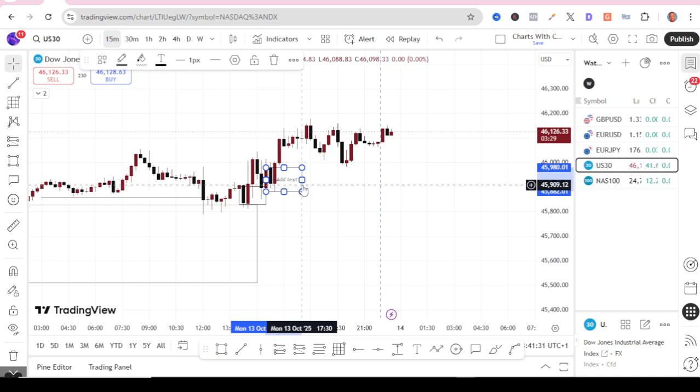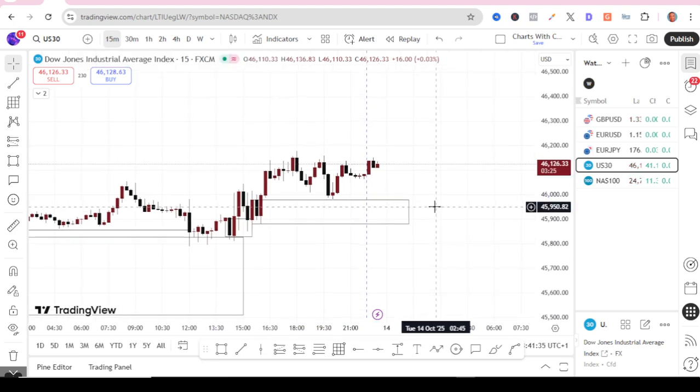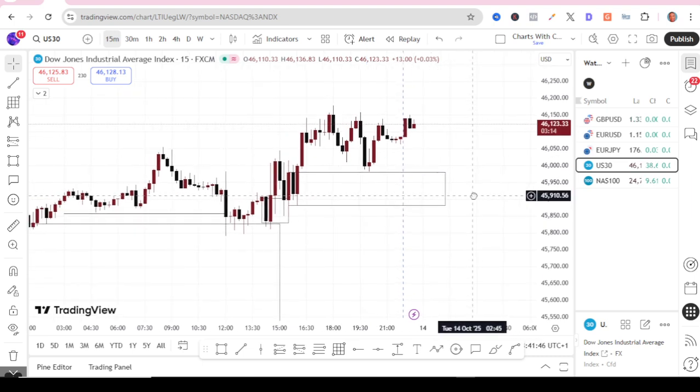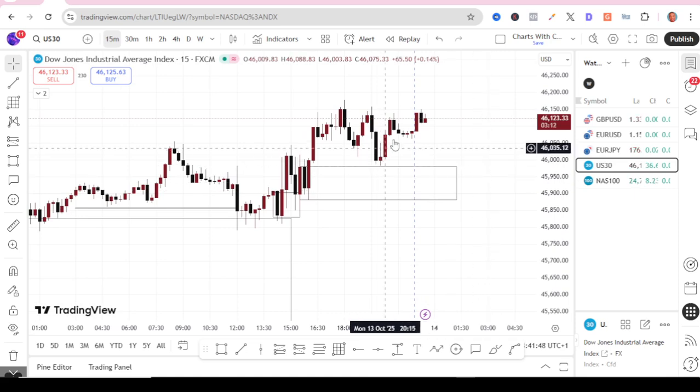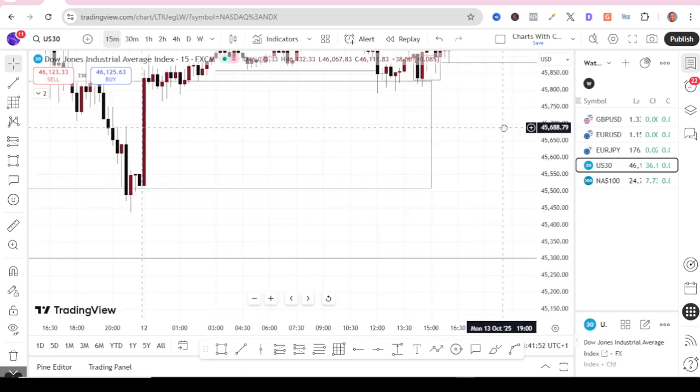So I'll take entry from the body of this candle. That is the only zone I would be looking for a buy because everything here has been mitigated. So by tomorrow I would want price to trade into this zone and then we'll continue the buy.